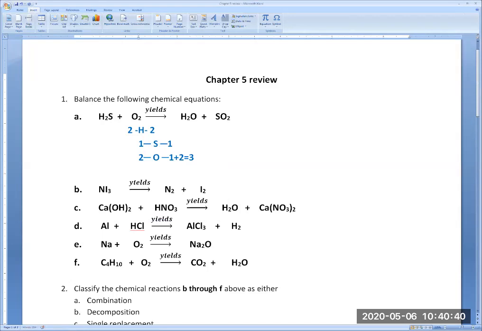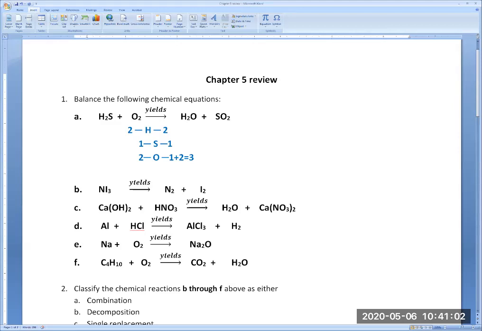Okay, so what you want to do after that is start balancing, which means starting to make the numbers on both sides of the arrow the same. Here, hydrogen is already balanced for now. We have 2 on the left, 2 on the right, so we can leave it.